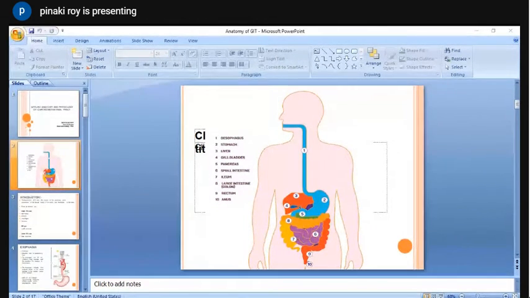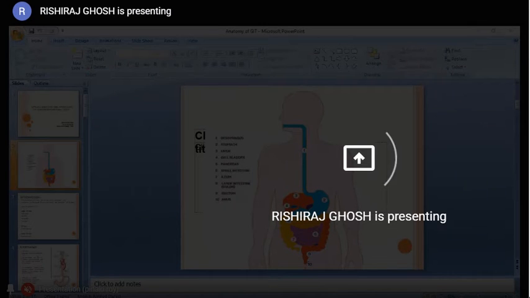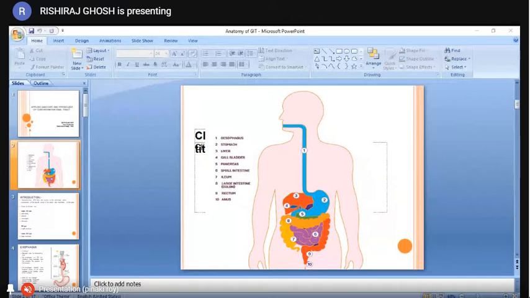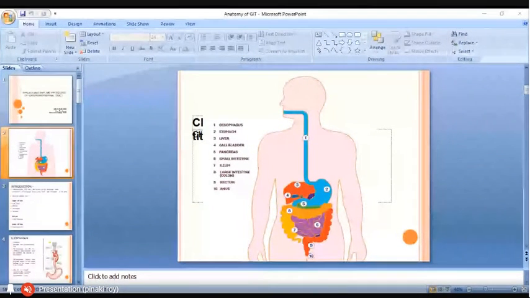Another important thing in the anatomy of the esophagus is that in histopathology, except for the esophagus, the other parts of the GI tract have 4 layers: the mucosa, submucosa, muscularis propria, and the serosa. But in the esophagus, there is no serosa; there is only adventitia.